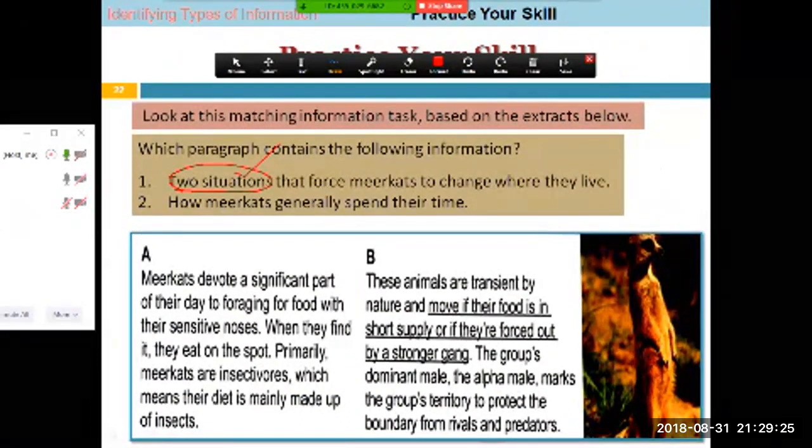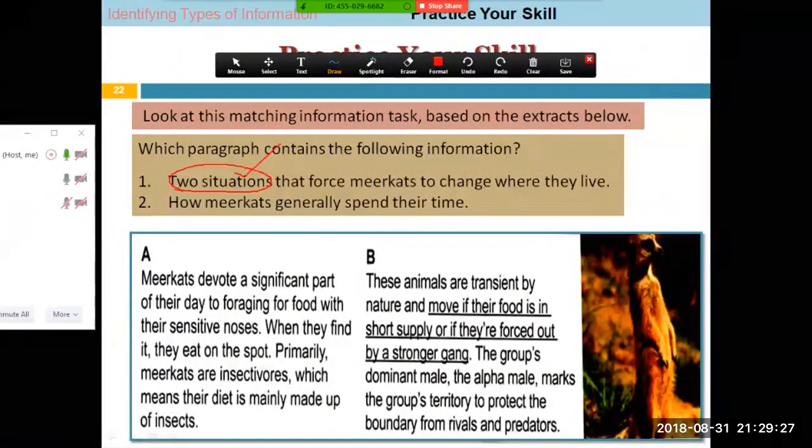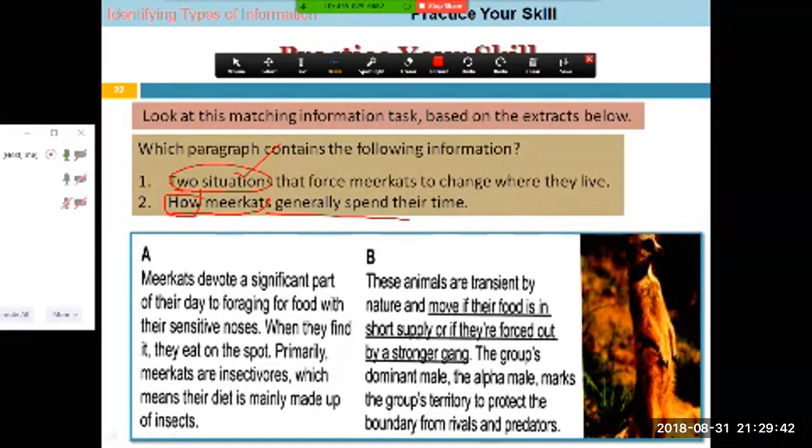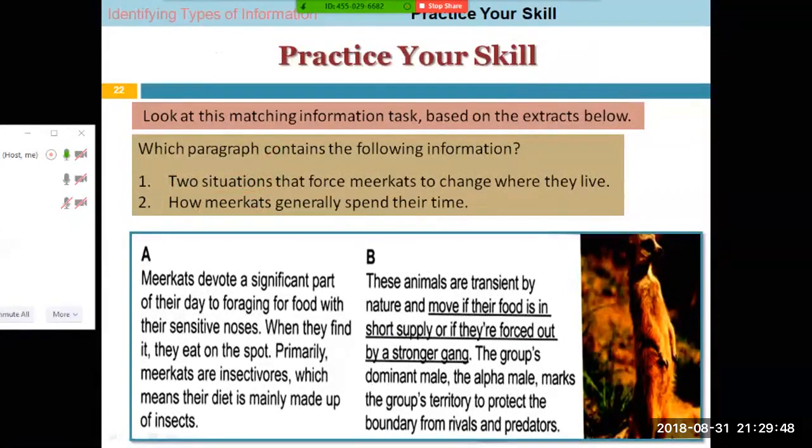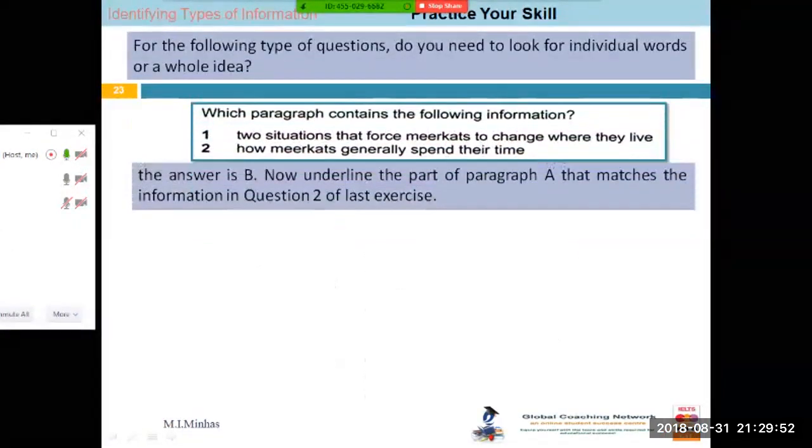Then the next question asks which paragraph tells how meerkats generally spend their time. So you have to see which paragraph gives the answer to this how. Got it? In every question, you have to match some information, but that information may be of different types.